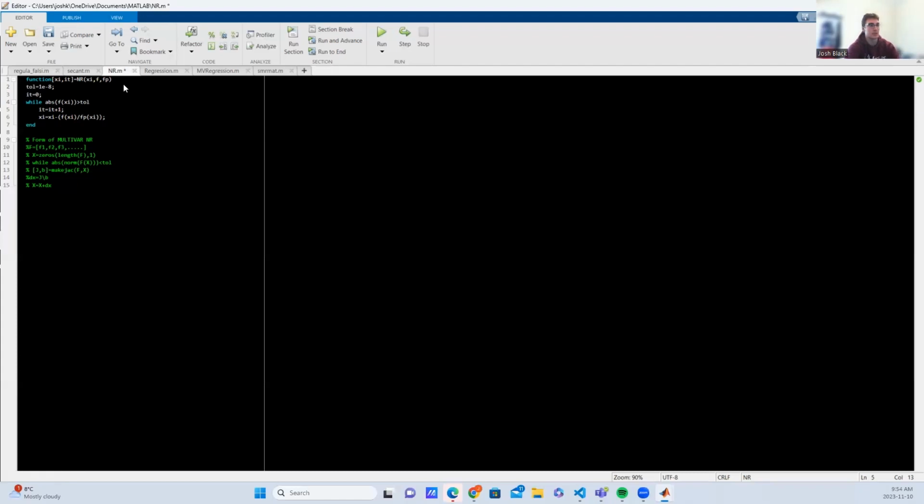I did a little bit of a shortcut. xi is going to be equal to xi minus this big old thing here, which is our function evaluated at xi divided by f prime at xi. It updates our xi. So it's very simple.